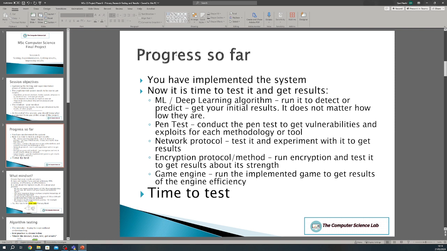For an encryption protocol or method, you run the encryption, you test it, and you want to see its strength. And for a software engineering project, for example, you are evaluating a game engine, you run the implemented game to get results in order to evaluate the engine efficiency. So, time to test.